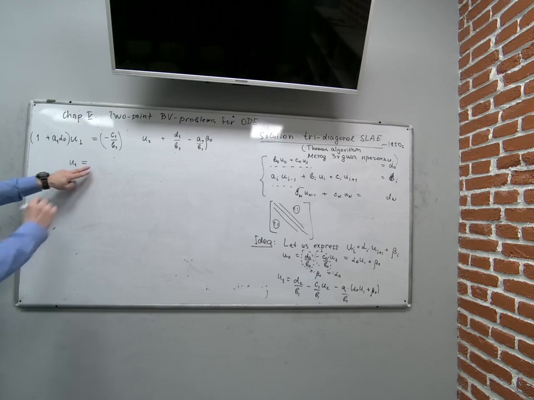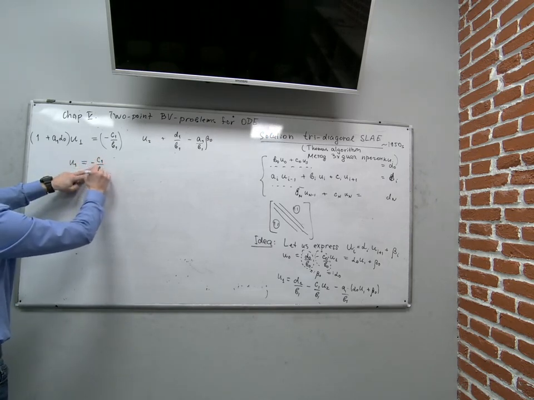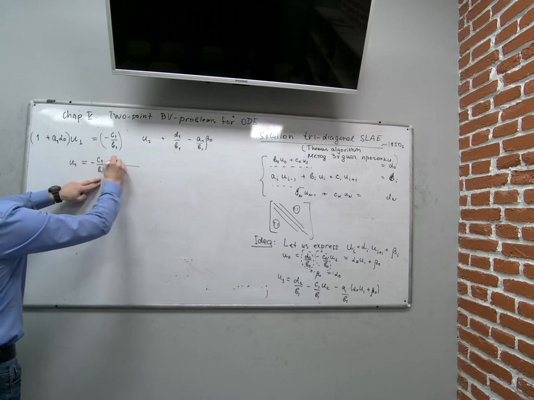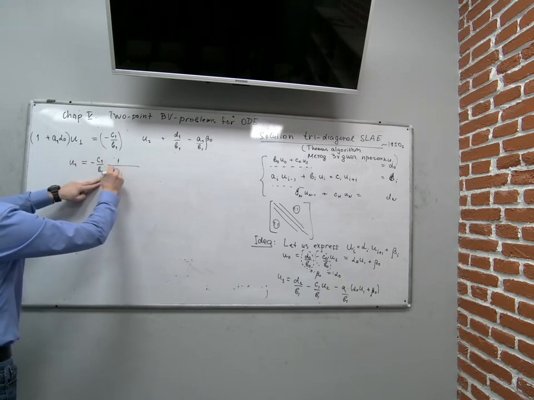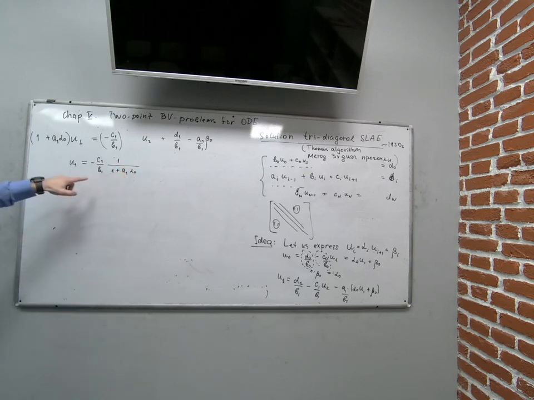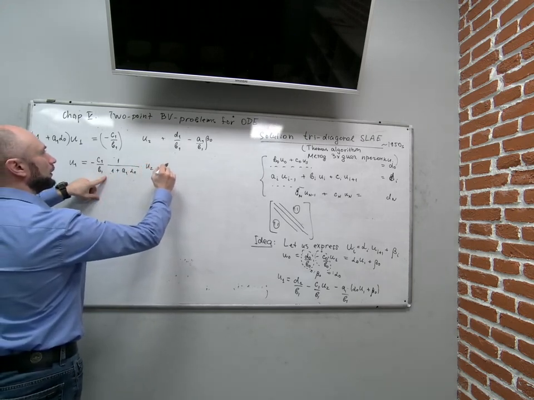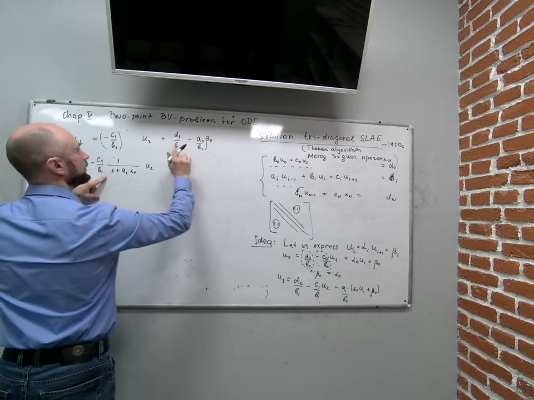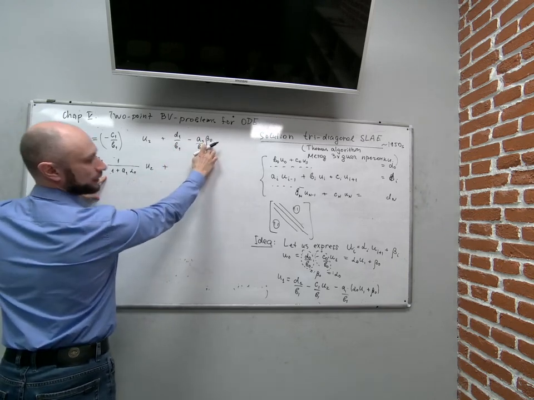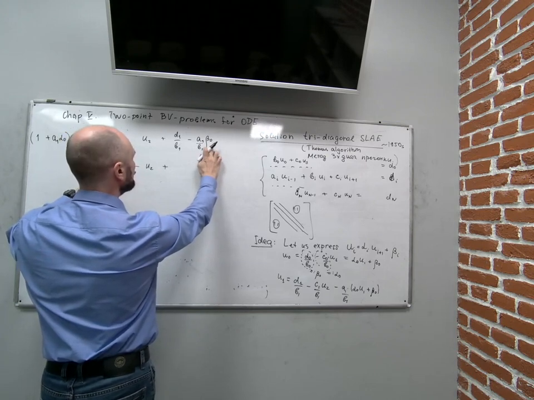So, c1 by b1 and 1 divided by 1 plus a1 alpha 0, right? u2. Let me see. d0 by b0. No, it doesn't work.